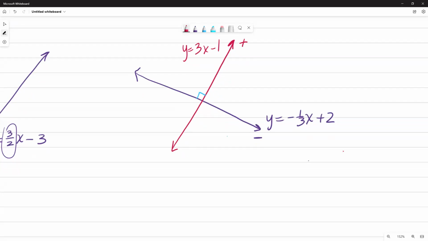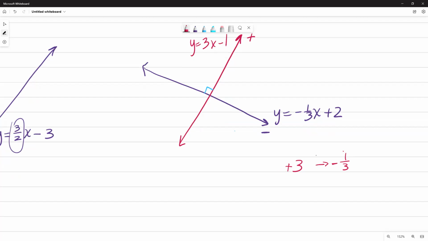If you compare the slopes, we know that the reciprocal of 3 is 1/3, and the opposite of a positive 3 is a negative 3. So that's why the slope of the first line, if this is line 1, is the opposite reciprocal of line 2.